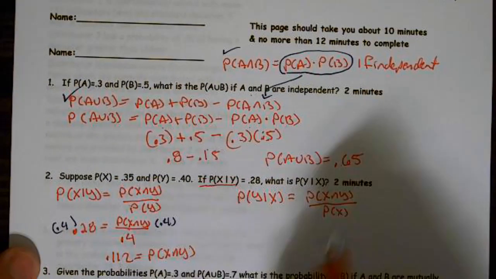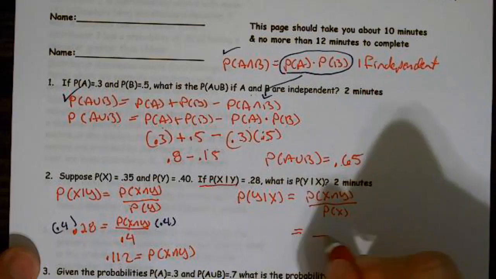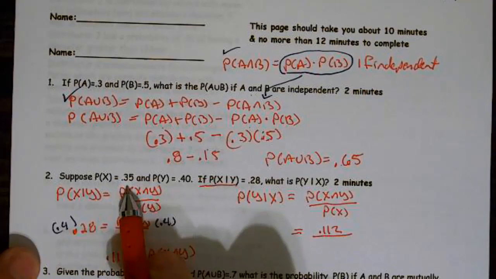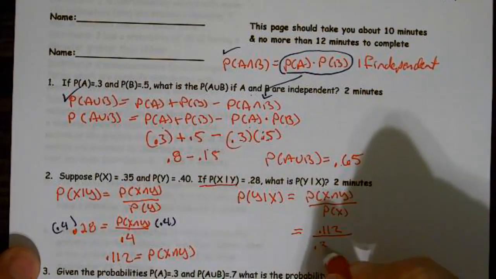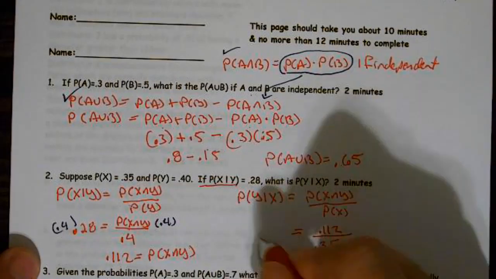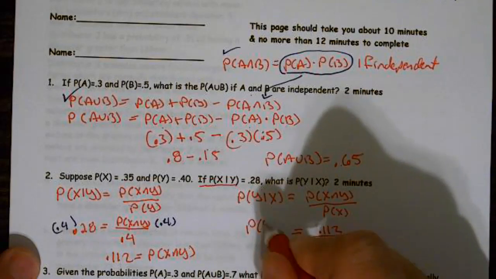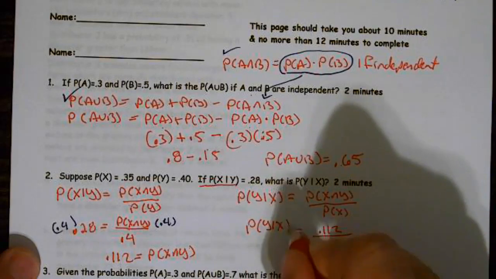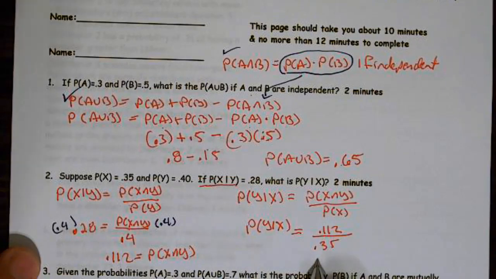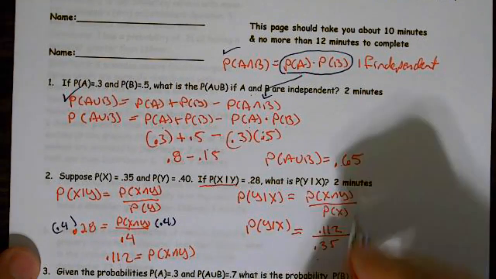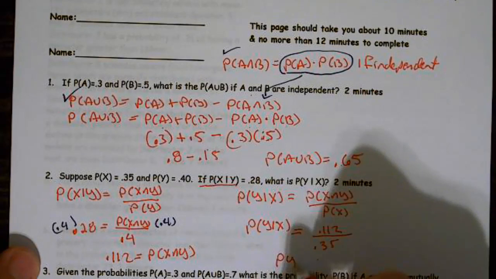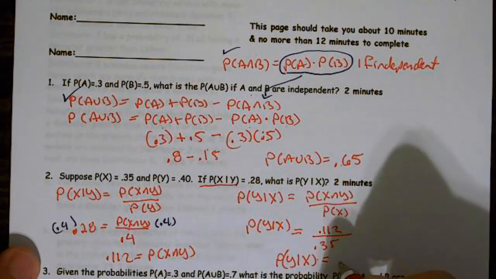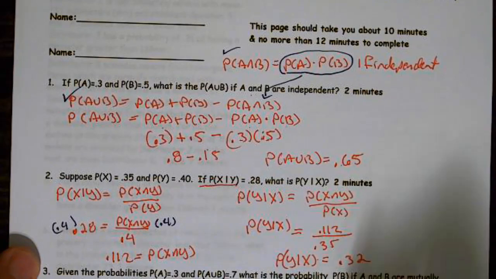Well, I know 0.112 equals 0.112, and they told me X is 0.35. So the probability of Y given X is just 0.112 over 0.35. And that happens to turn into a decimal. And by the way, we need to see all of this work. So the probability of Y given X equals 0.32.